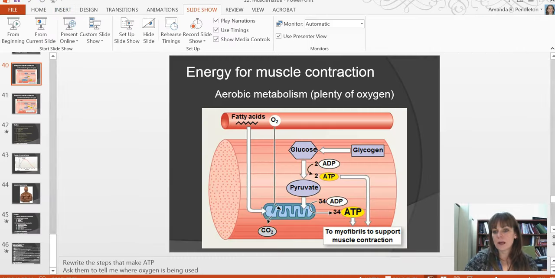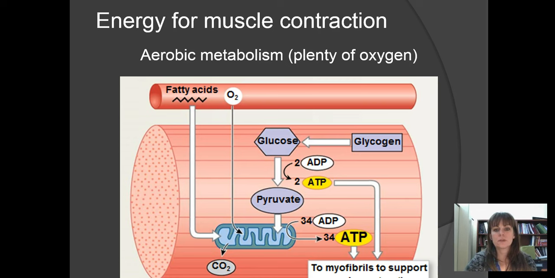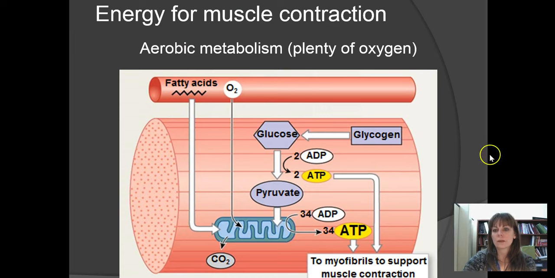Okay, so let's look at this image here that shows us aerobic metabolism, and let me help explain it to you. Here's glycogen, which is our stored glucose. We now need a little bit of ATP to power our muscles, so we're going to pull off a glucose molecule and turn it into this chemical molecule called pyruvate.